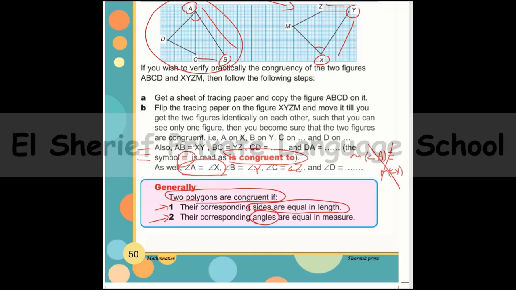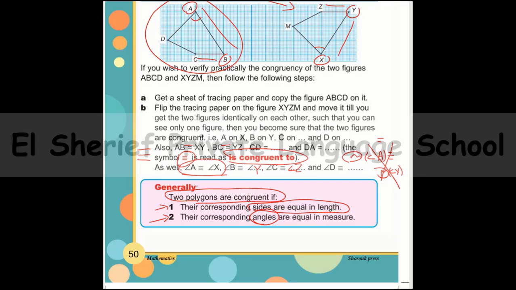So if we put congruent, we can't put measure. If we put measure, we put equal: measure angle A equals measure angle X. And also for line segments, when we put line segment, we put congruent. We can't put equal, that's wrong.